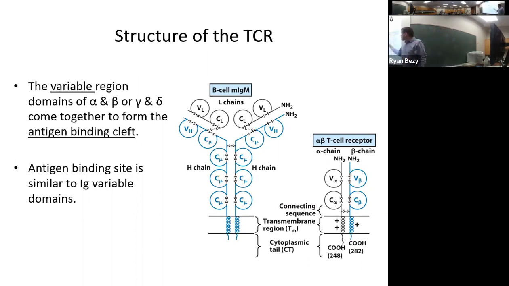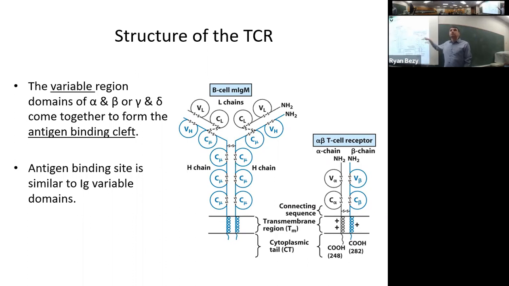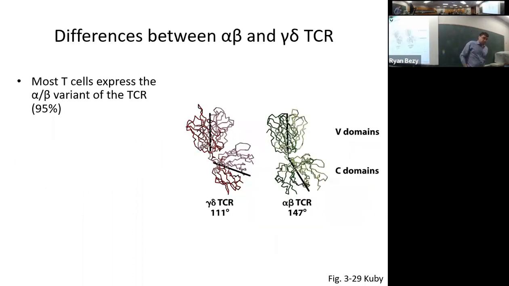But again, sometimes you have an alpha beta T cell receptor, sometimes you have gamma delta T cell receptors. Most T cells express the alpha beta variant of a T cell receptor. So 95% of the time, you get a T cell with an alpha beta T cell receptor. About 5 to 10% of the time, you get a gamma delta T cell.